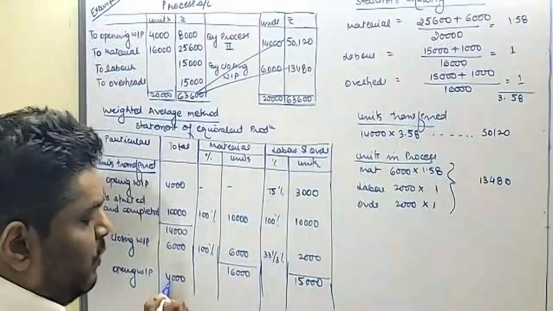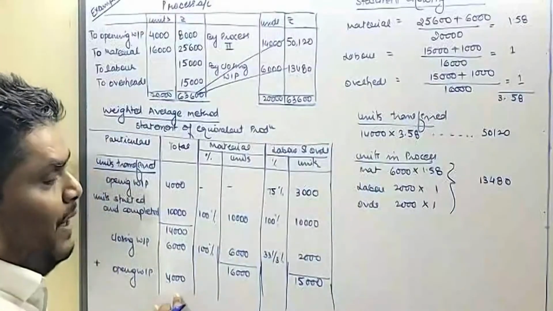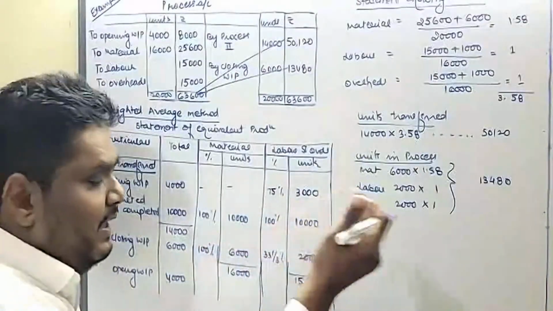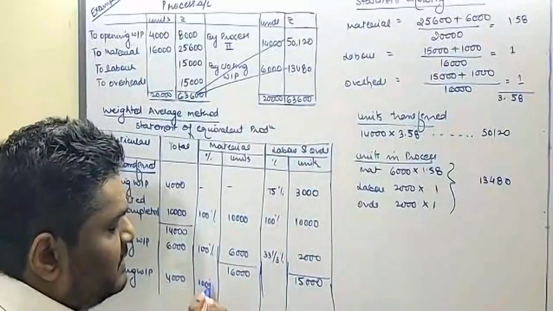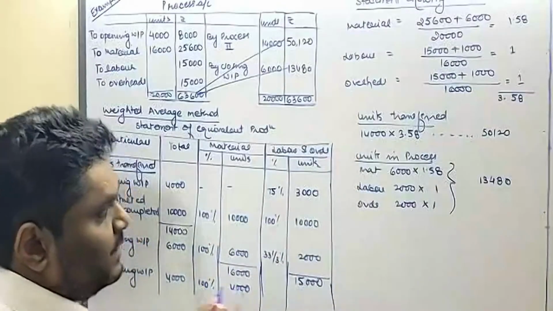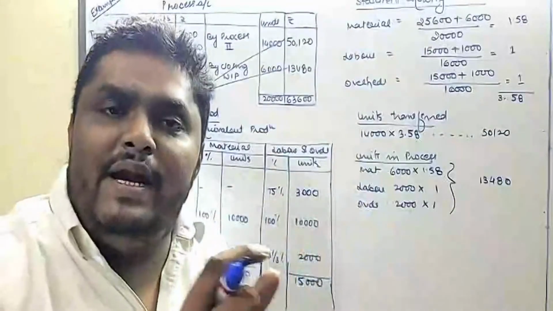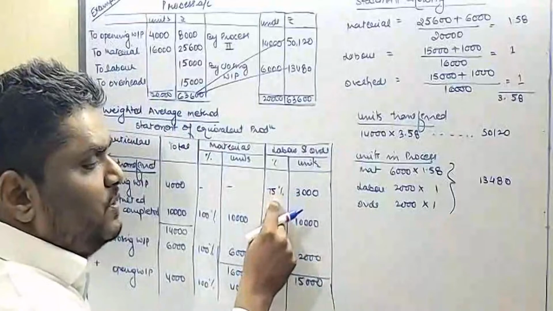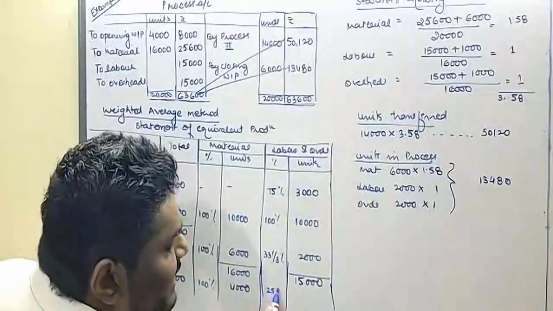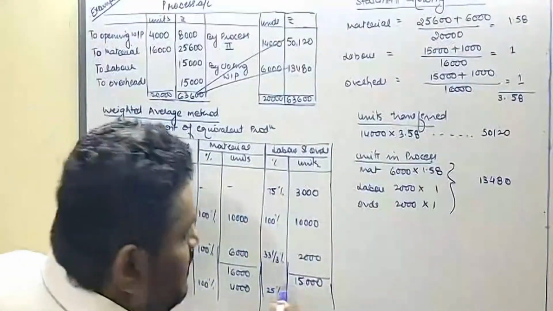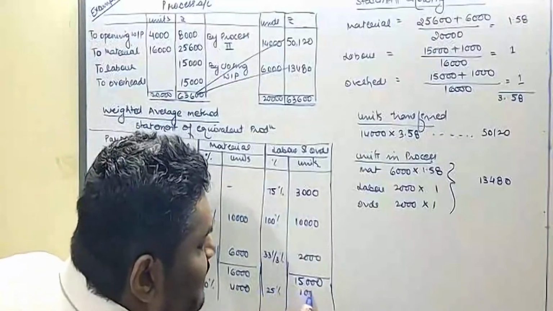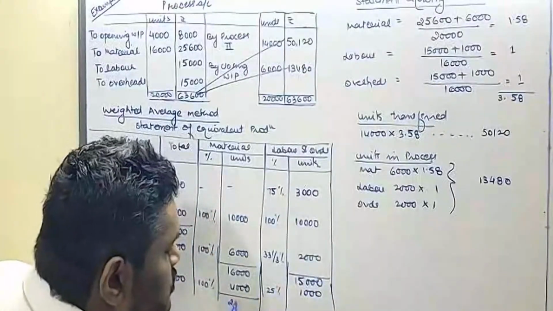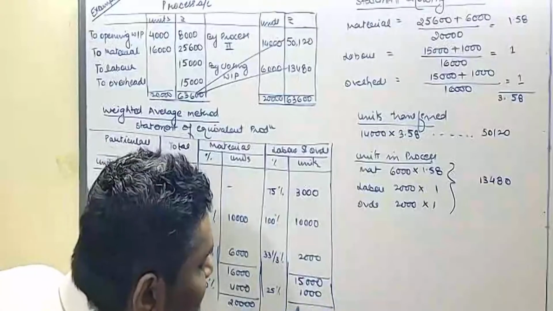When talking about the material work done in the previous month, it is 100%. So 4,000. As far as labor and overhead work done in the previous month, 75% was completed this year. It means 25% was completed last year. So 4,000 into 25%, that is 1,000. So the total is 20,000 and 16,000.